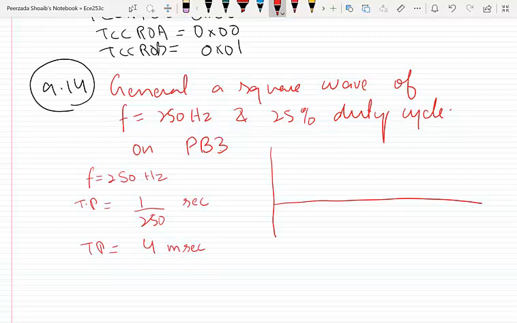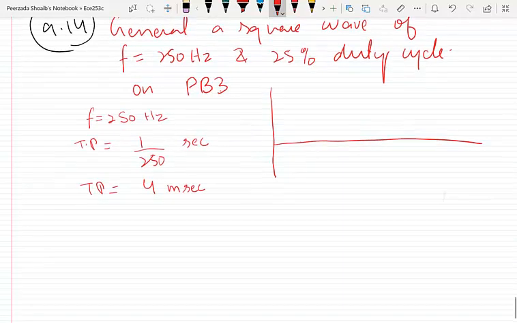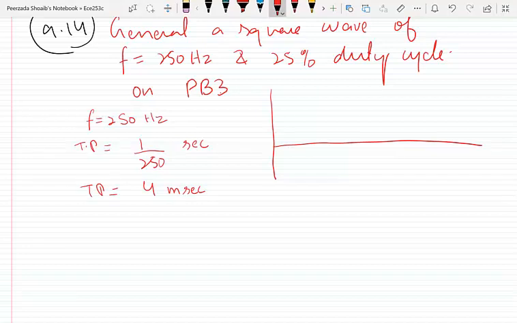But also the duty cycle is 25%. That means it is on only for 25% of these 4 milliseconds. Or we can use the formula. Duty cycle 25% equals T on divided by T on plus T off, where T on plus T off is the total time period, into 100%.